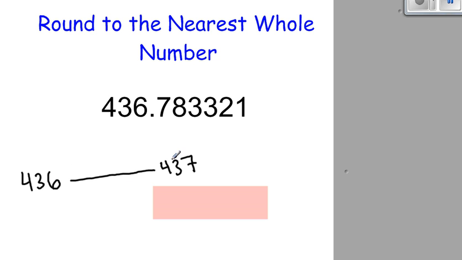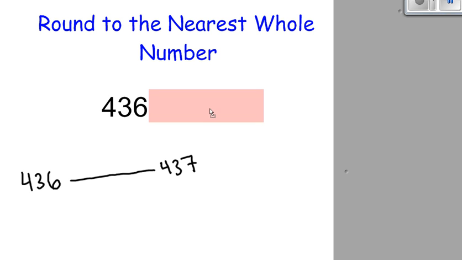They're consecutive whole numbers. And our concept is this. If we ignored the decimals altogether, we know that we have 436. So the question is, did we get far enough past this number that we should really consider it to be 437? Well, the way you tell is you look at the first number that you want to eliminate.